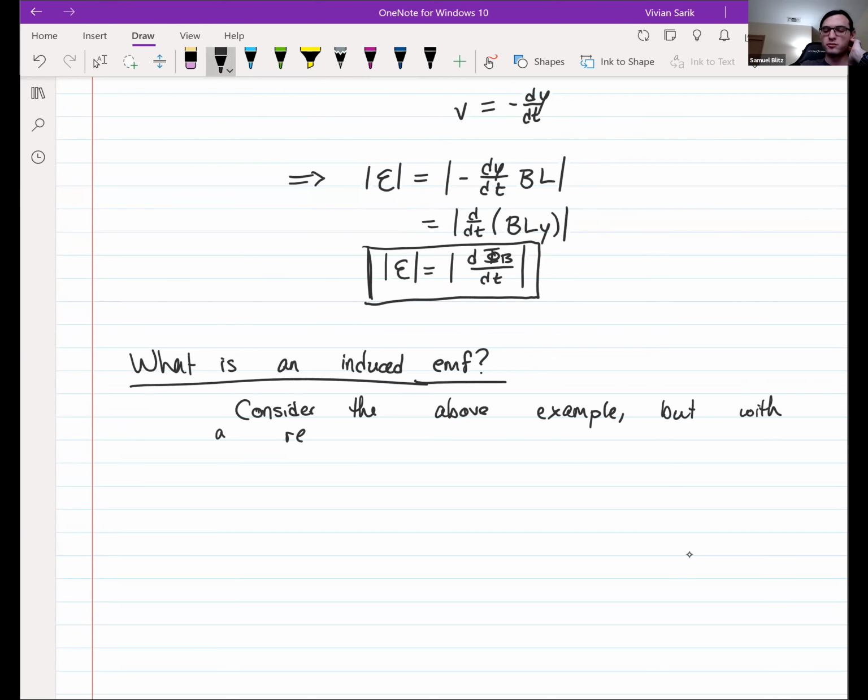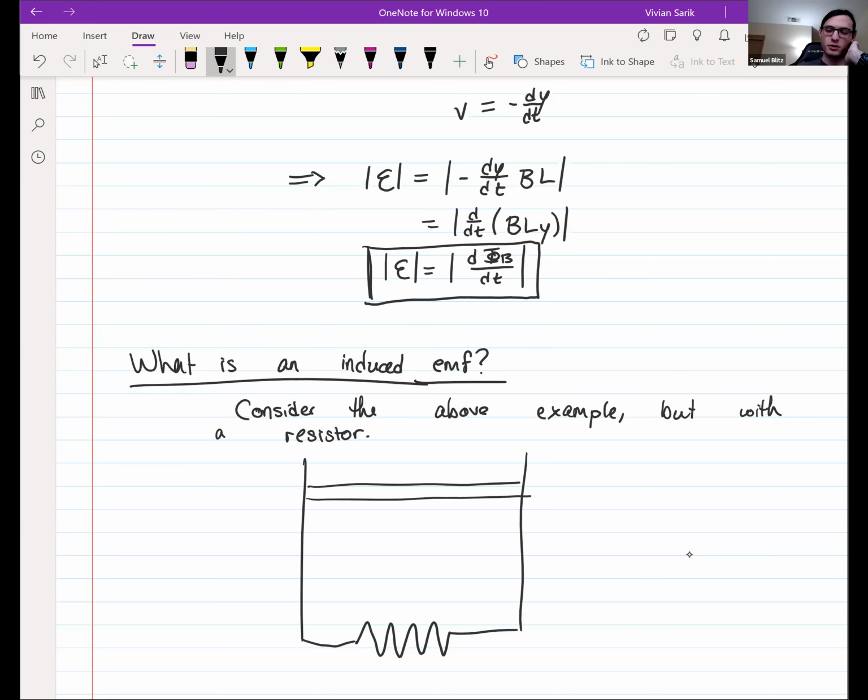So we have a resistor here. We have our bar that's moving downwards. We have the EMF, magnitude of the EMF is vBL. We have a positive side over here and a negative side over here. And just so you guys can see this, you still have these magnetic fields that point into the page, or into the screen rather, right?